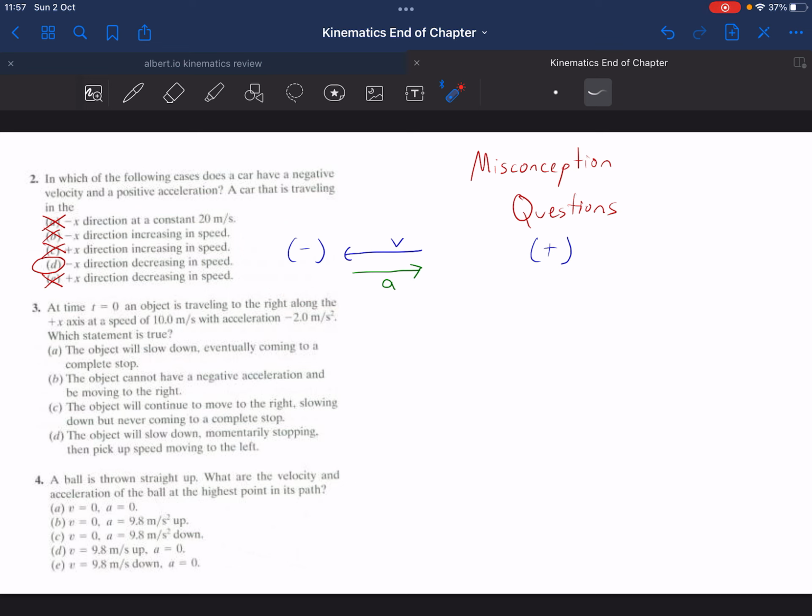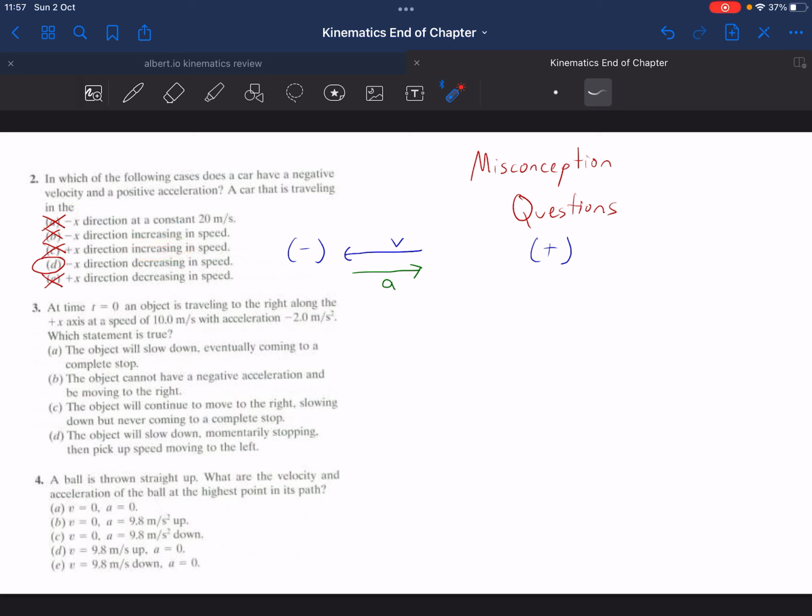So again, when you have the velocity vector and the acceleration vector going in opposite directions, that always indicates decreasing in speed or slowing down. Sometimes people tend to think that positive acceleration is anything where it's increasing.